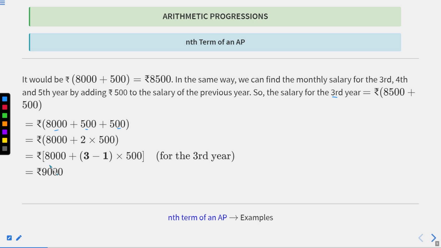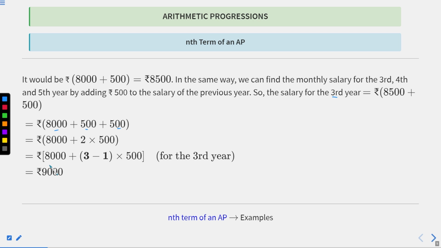Here you observe a pattern. We add 500 to the preceding term to get the successive term.